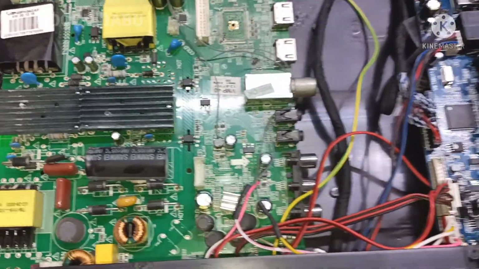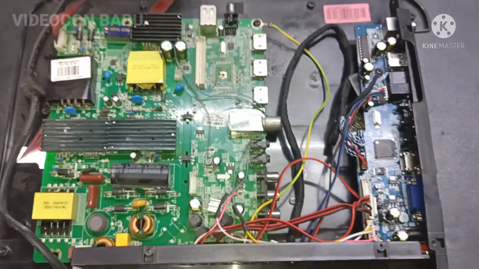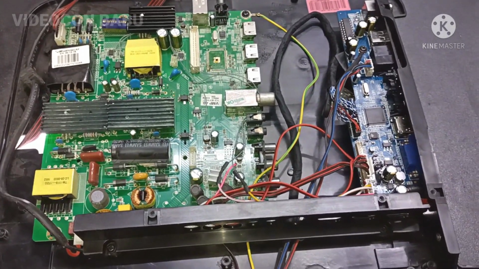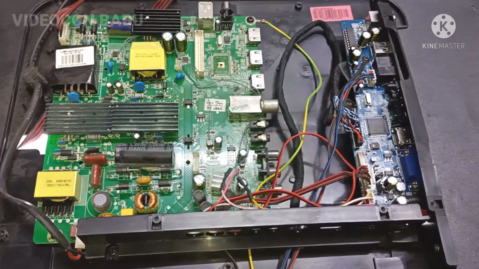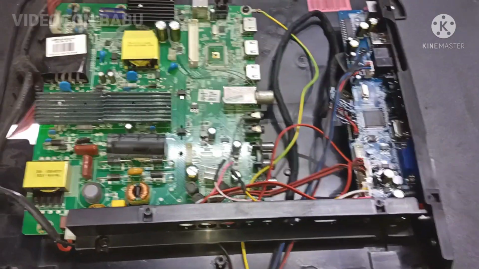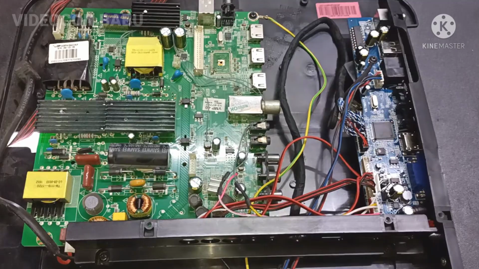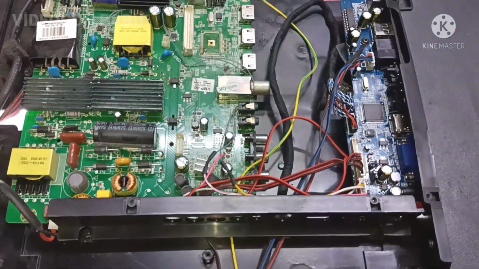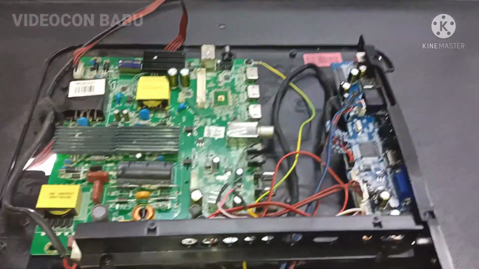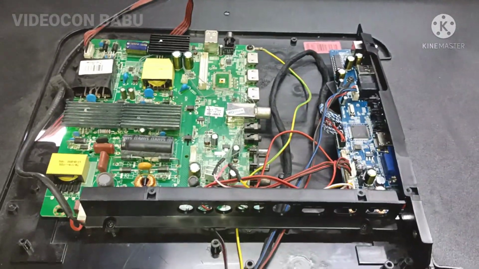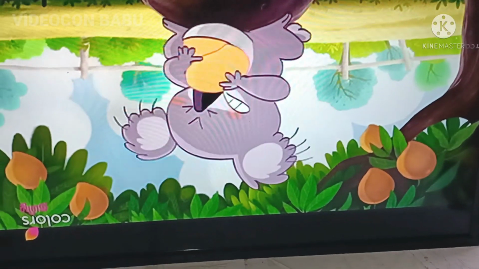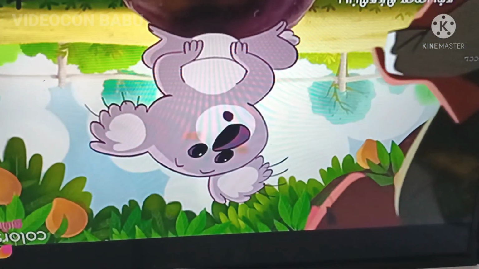So the original LED driver and PFC standby power supply used in this set and fixed U11 board. Now the set is working perfectly. I will show the screen. So picture quality is good.